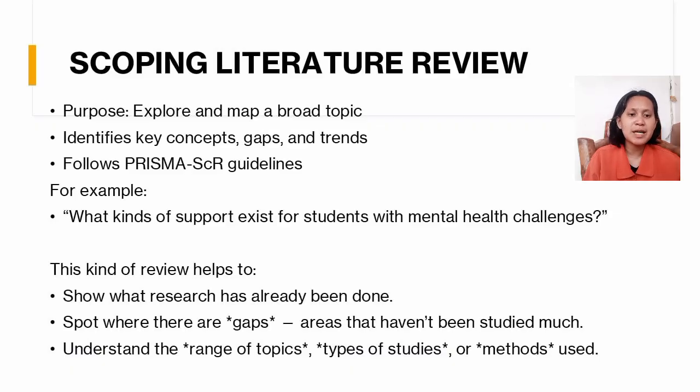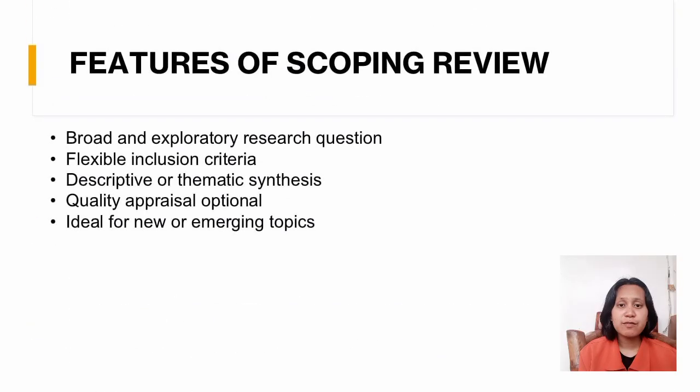So this comprehensive mapping helps the stakeholders to understand the diversity of approaches and the strengths or limitations of the existing research. Now let us briefly discuss the features of scoping review.